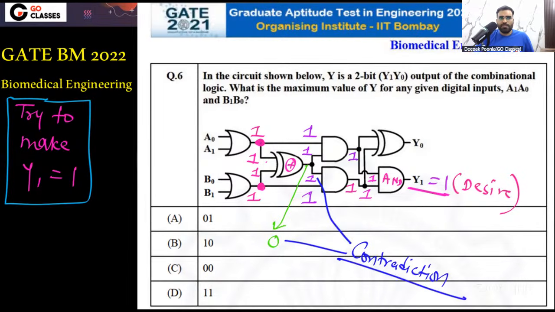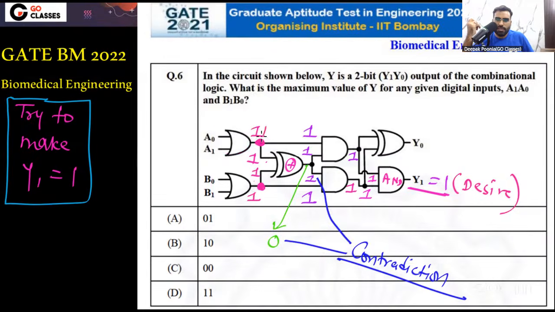I hope you understood. Very simple. Remember, I am just saying that try to make y1 equal to 1. When you try to make y1 equal to 1, these AND gates are involved. For an AND gate, the output will be 1 if and only if all the inputs are 1. So if you backtrack, you can easily notice that the output of this OR gate should be 1.